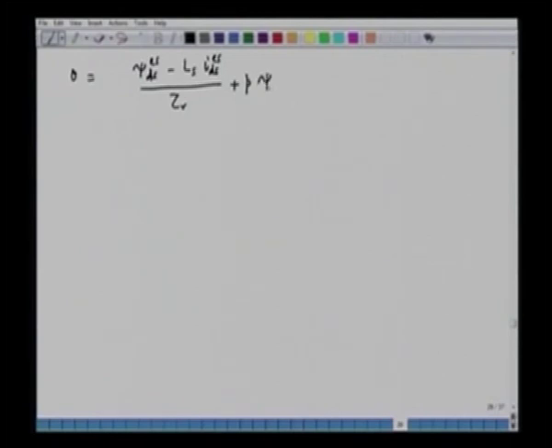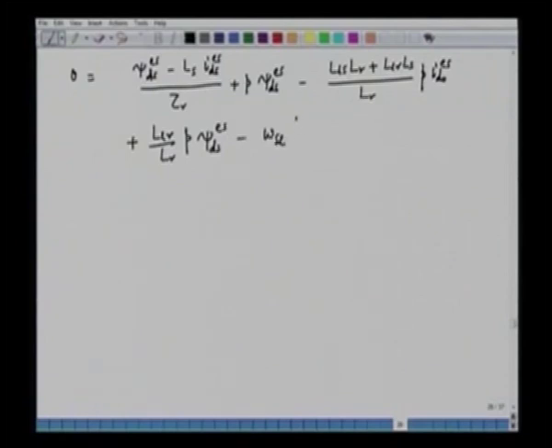P ψds^s minus (Lm Ls Lr plus Lm Lr Ls) by Lr into P IDS^s plus Lm Lr by Lr P ψds^s, minus ω_sl into ψqs, which vanishes.